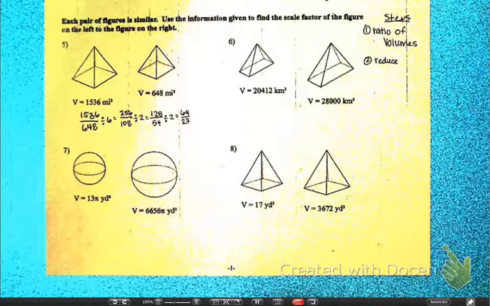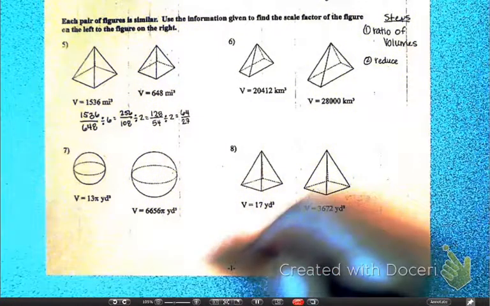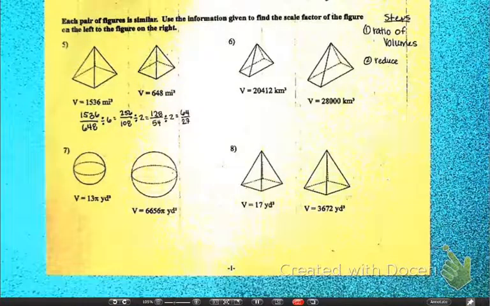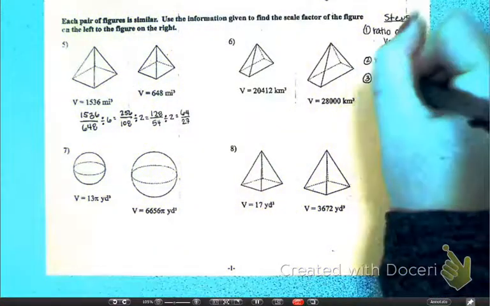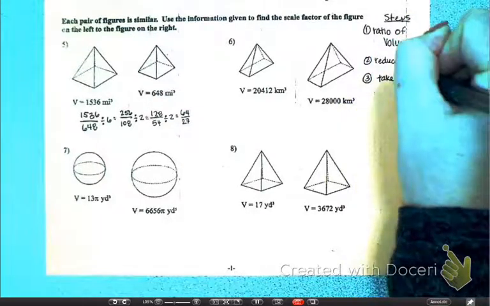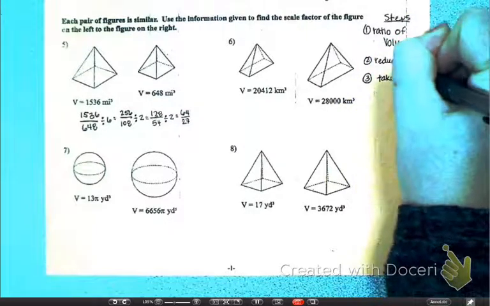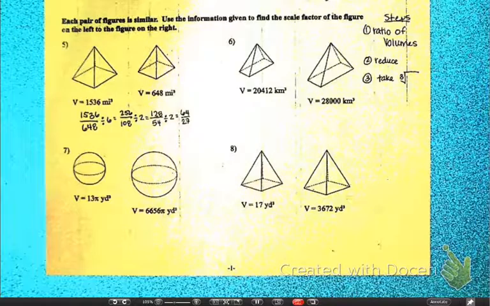Our last step, because this is still volume stuff, we want the scale factor. We're comparing the sides. Okay, so our last step is to take the cube root of the ratio because we're, again, looking for scale factor. We want to know about the sides, not the volume.